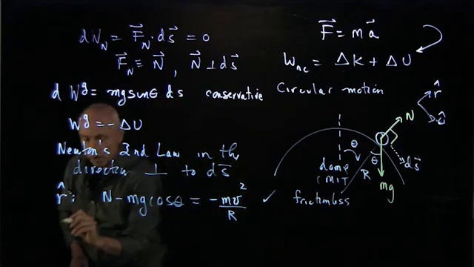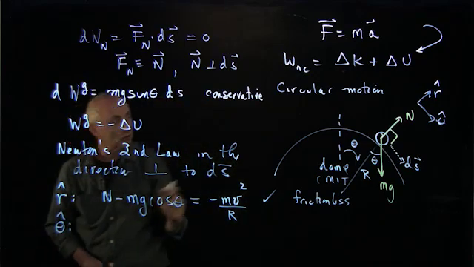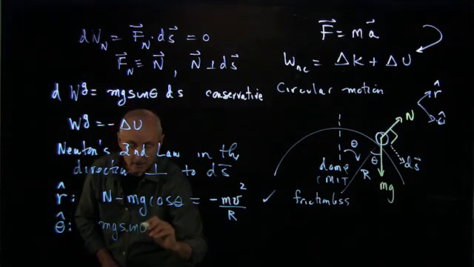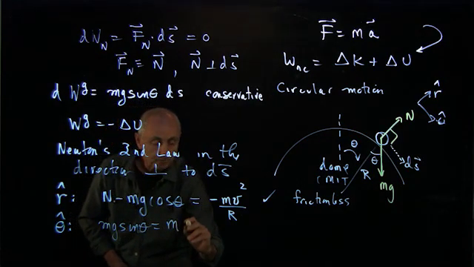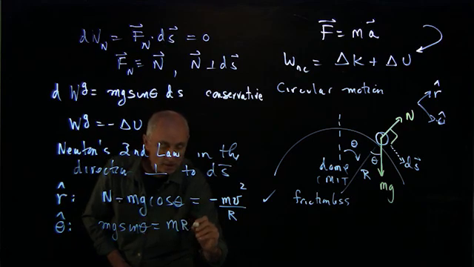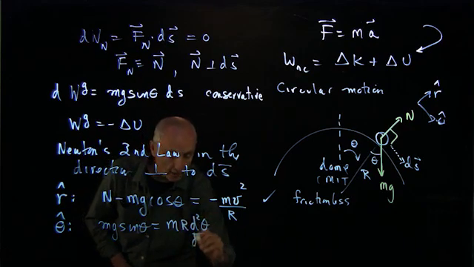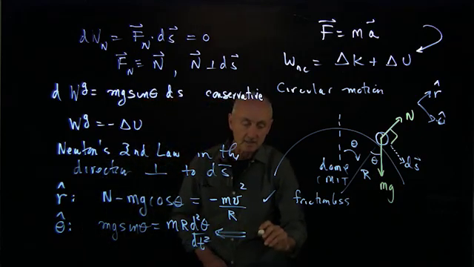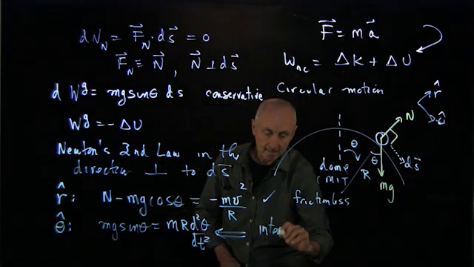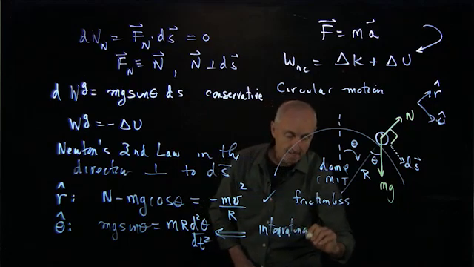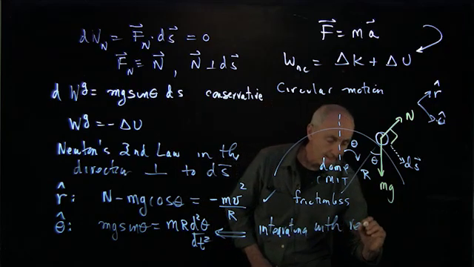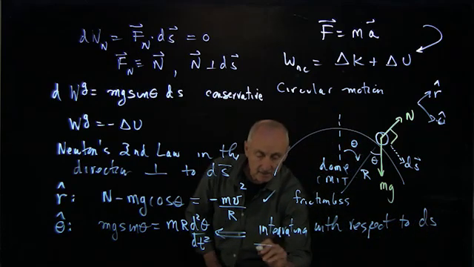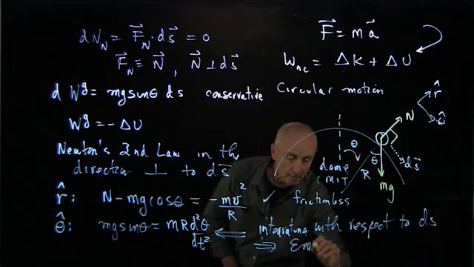You may say, well, what about the tangential Newton's second law, which is mg sine theta equals m r d squared theta dt squared. But it's precisely this equation that's integrated with respect to the displacement, and that gives us our energy principle.